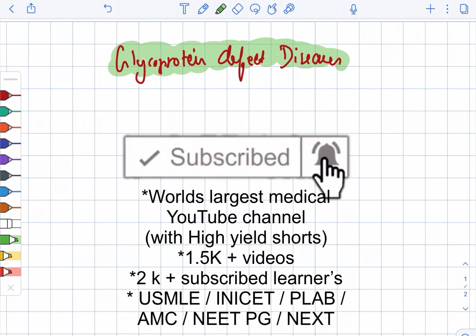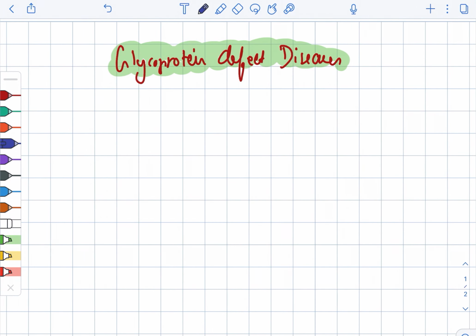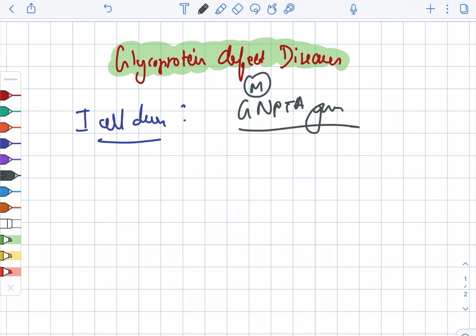Glycoprotein defect diseases. The first is I-cell disease. I-cell disease is a mutation in the GNPTA gene, the gene that is affected.